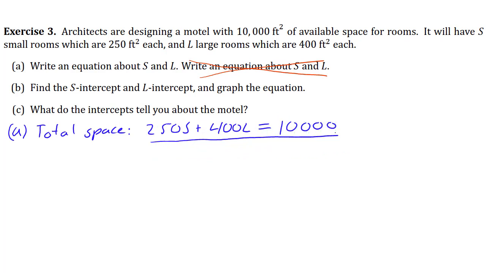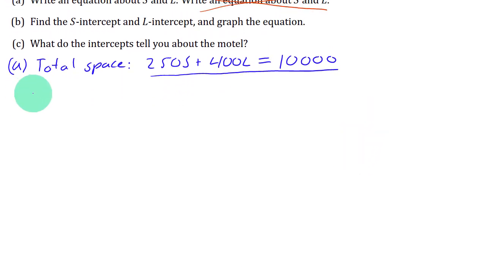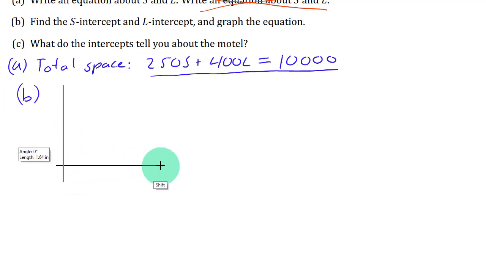Now let's find the S-intercept and the L-intercept. Let's start with an outline of what this graph is going to look like. We'll get some axes here. Let's say this is the S-axis and this is the L-axis. If you did this the other way, that's fine. It really doesn't matter. Now let's say we want to find the S-intercept. That's going to be a point somewhere on the S-axis.